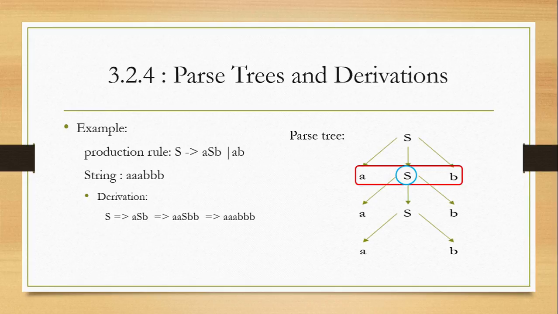Then we will change the non-terminal S into ASB by applying the first rule again, and we will have the string AASBB. Then changing the non-terminal again by applying the second rule, which is AB, we will have the string AAABBB.